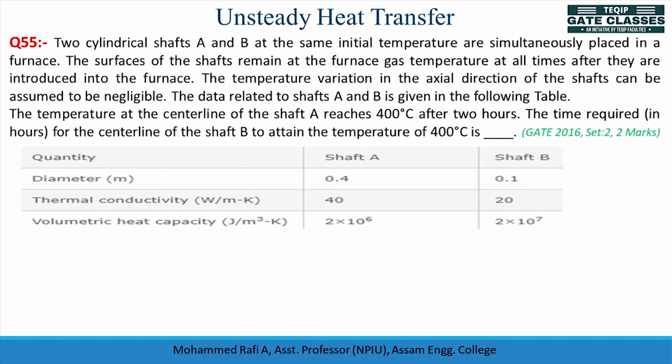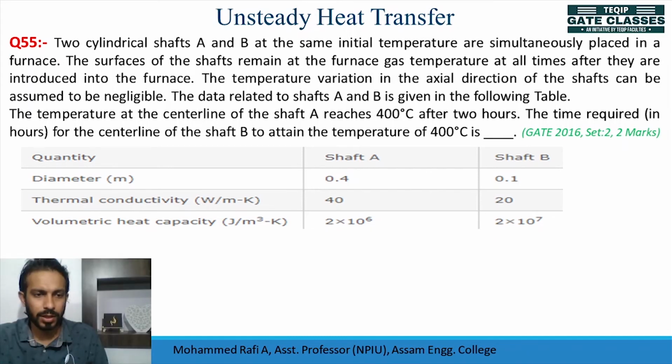So this is also a very interesting question. Everybody please read the question thoroughly. So what is the question here? Two cylindrical shafts A and B at the same initial temperature are simultaneously placed in a furnace.